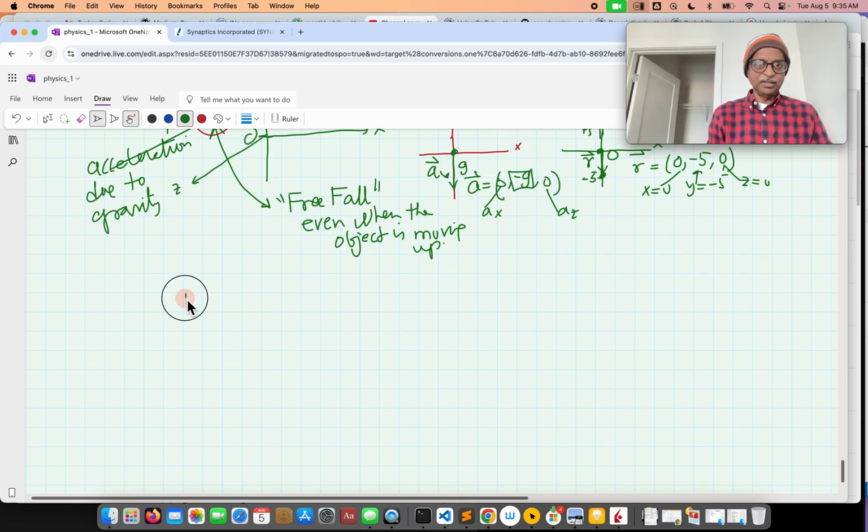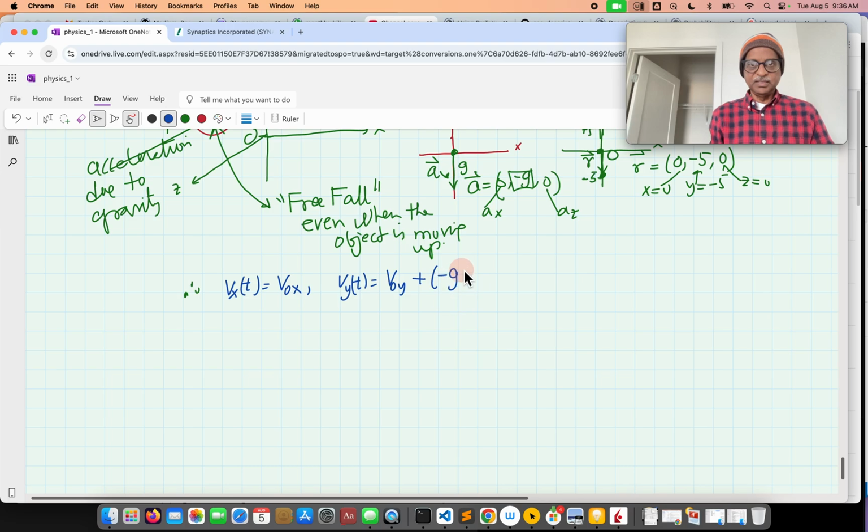So we are going to get Vx of t simply V0x. Vy of t will be V0y minus g times t. And Vz of t will be V0z. That's it.